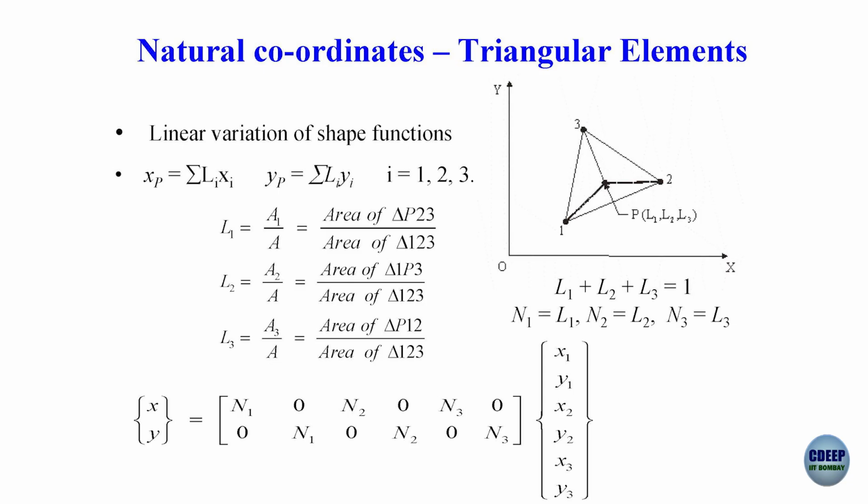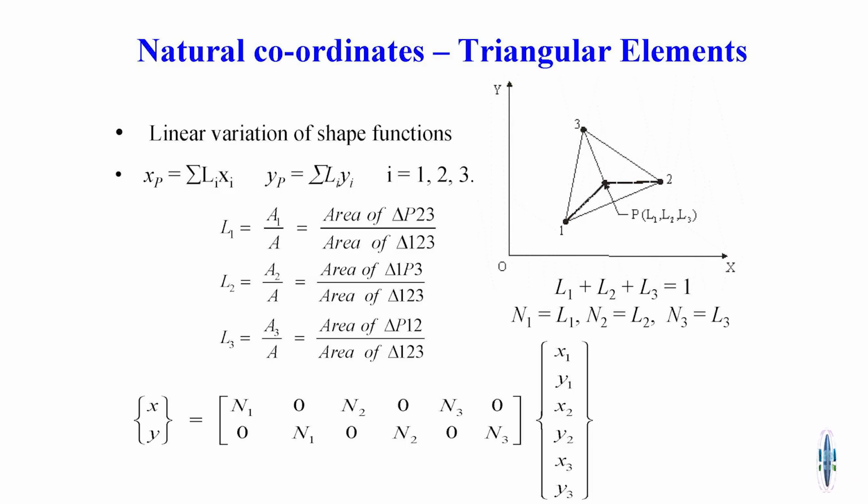Because of the way in which we defined and we said that it can have only 2 independent coordinates, L1 plus L2 plus L3 equals 1. Because once you add L1 plus L2 plus L3, all the 3 small triangle areas are added, that becomes the total triangle area, and therefore the ratio is equal to 1. So, if you define L1 and L2, L3 is automatically fixed for any point.